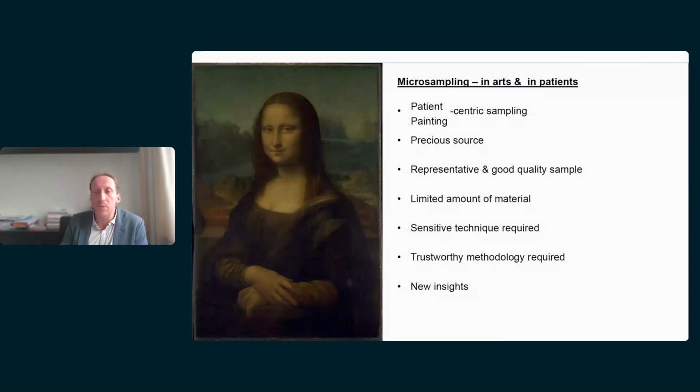And of course, we want to gain new insights. Microsampling of the Mona Lisa has led to unique and new insights into how Leonardo da Vinci prepared his paint. Likewise, microsampling in patients may yield unique new insights.